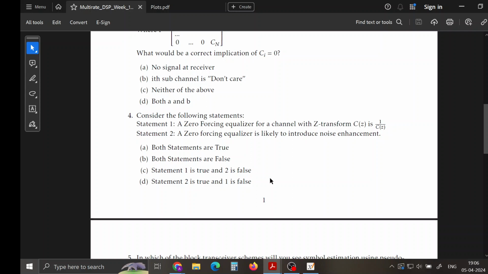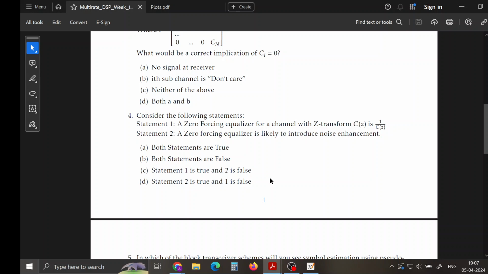So it's some delta, you can assume delta tending to 0, but delta is not exactly 0 due to that particular noise. It's a very small quantity, but for a zero forcing equalizer you are taking the reciprocal of that, 1 upon c of z.